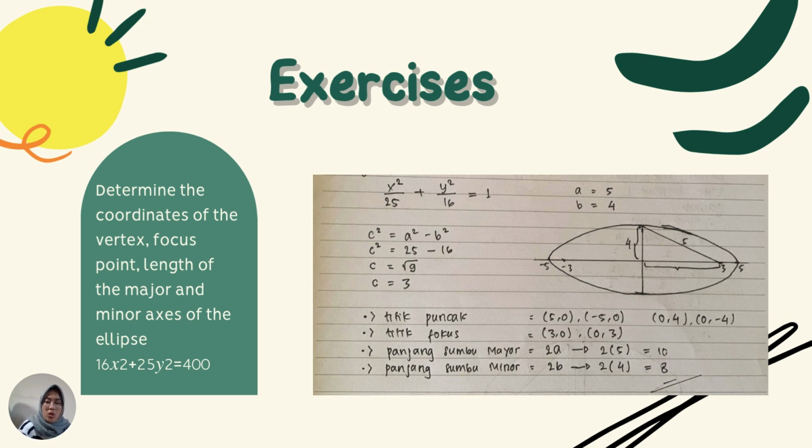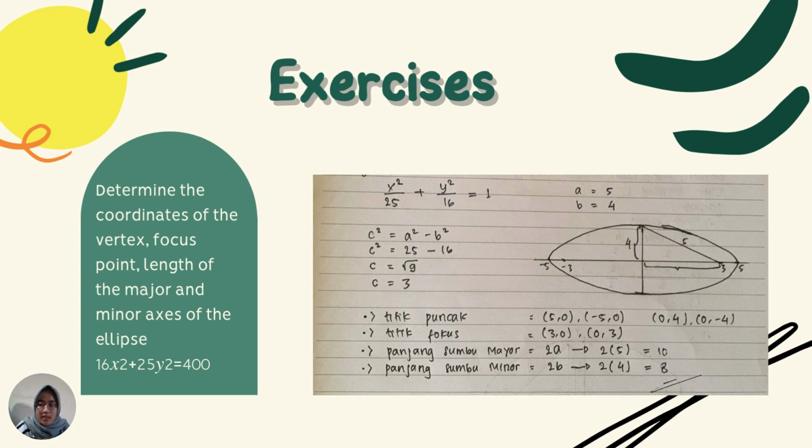Then we draw, as shown in the slide. We form a triangle so that we can calculate using the Pythagorean theorem. We find c with the formula c squared equals a squared minus b squared. Replacing a squared with 25 and b squared with 16, we find that c is 3.